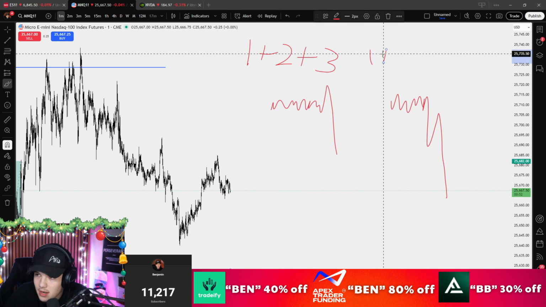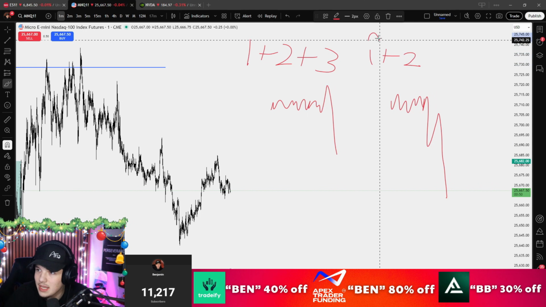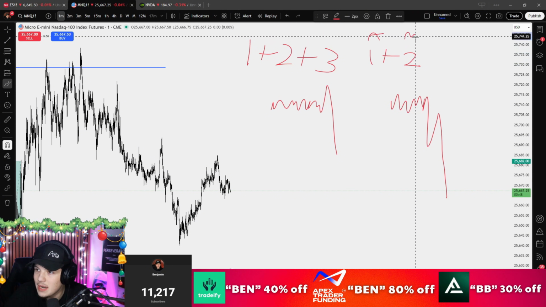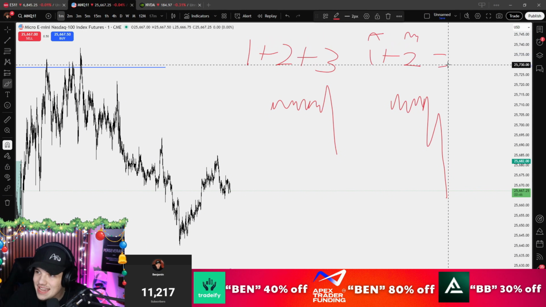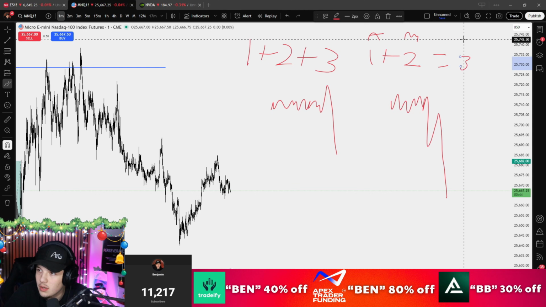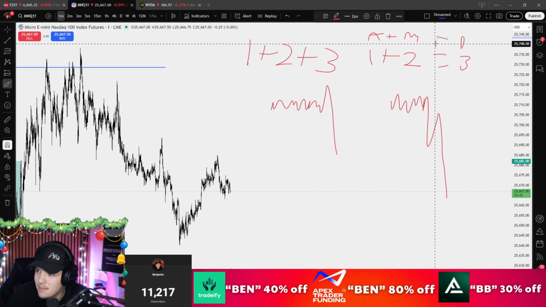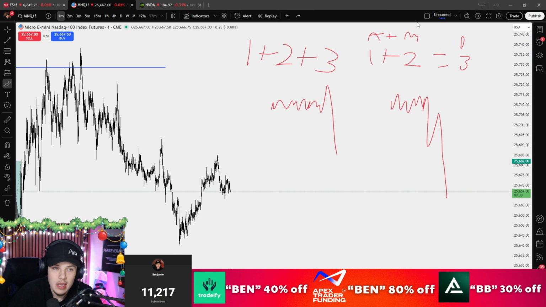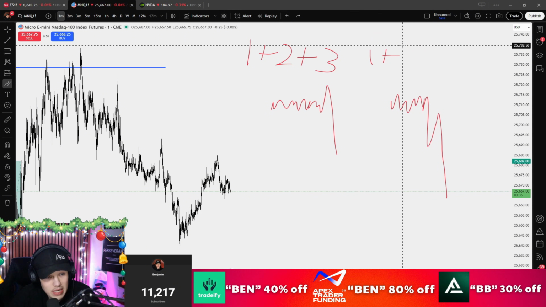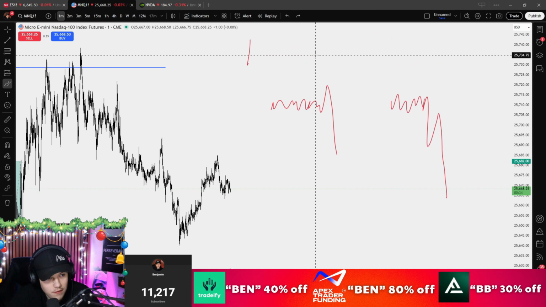It's 1 plus 2. It's accumulation plus manipulation equals 3 distribution. So A plus M equals D. So to find D, we need to be able to find A and M.